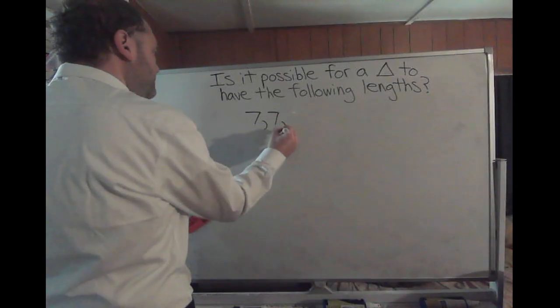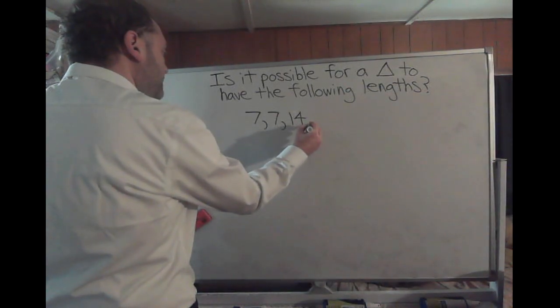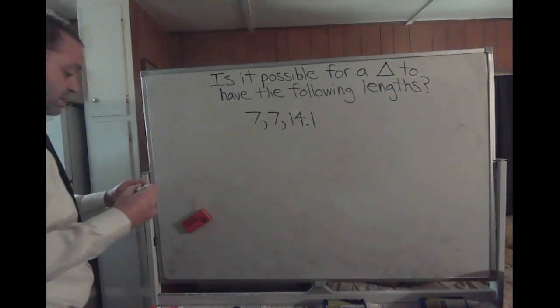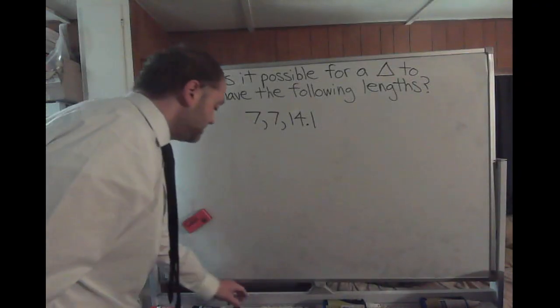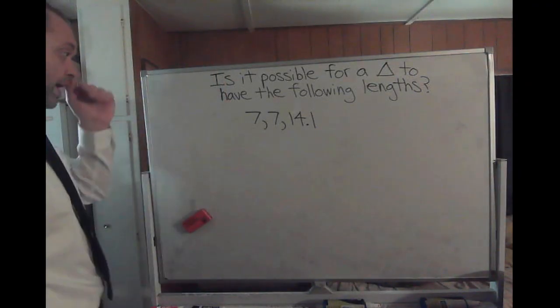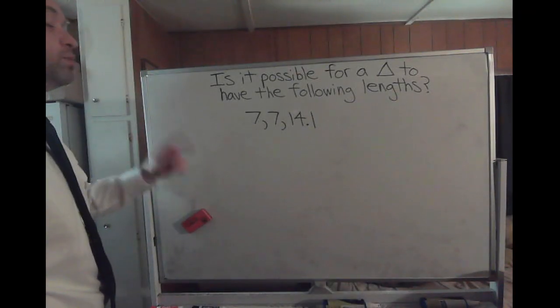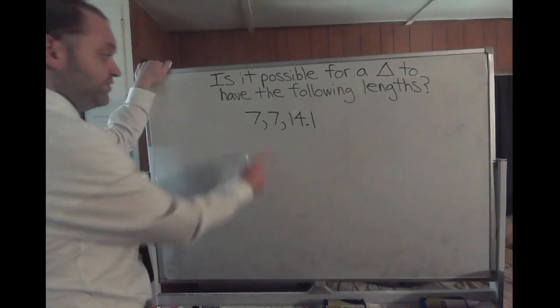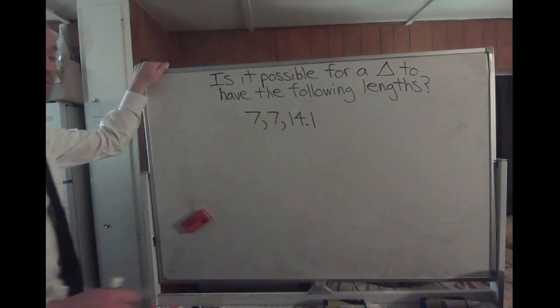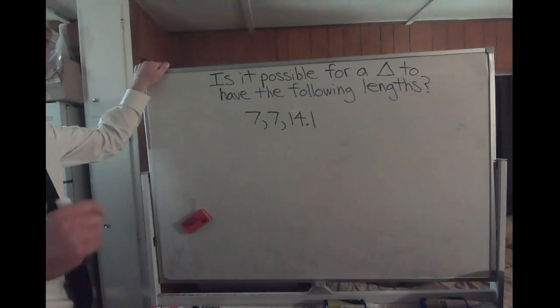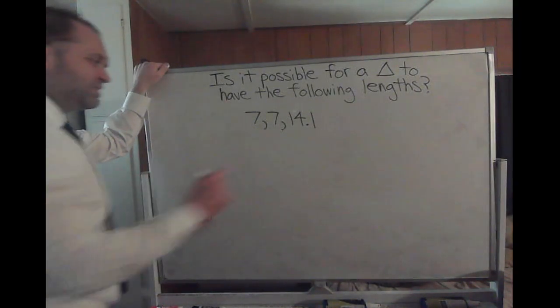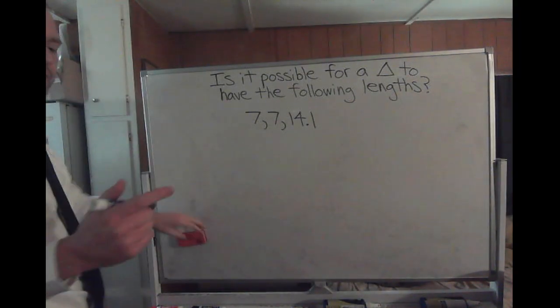7, 7, and 14.1. Okay, so is it possible to have a triangle with lengths 7, 7, and 14.1? Well, once again, if you took 7 and 7 and added them together, you would get 14, which is just a little less than 14.1.